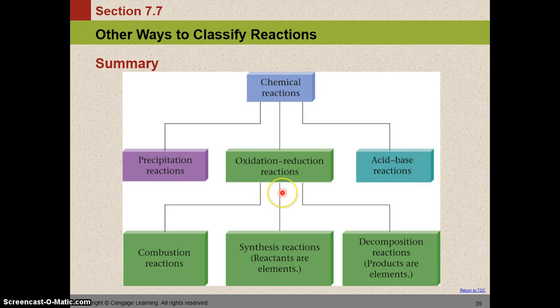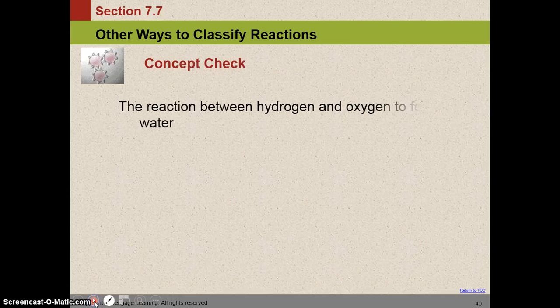The oxidation-reduction reactions, once you identify that, you need to look at it and see if it's a combustion reaction, if it's a synthesis, or if it's a decomposition, or it could be a combination. So redox gets a little bit more complicated to classify, but it's just knowing what it is to be able to recognize it. So let's look at the concept check.